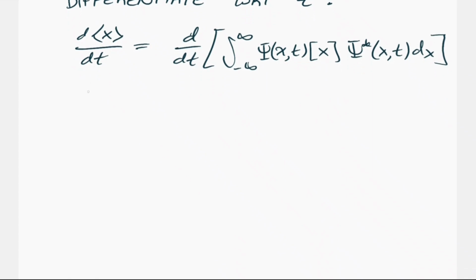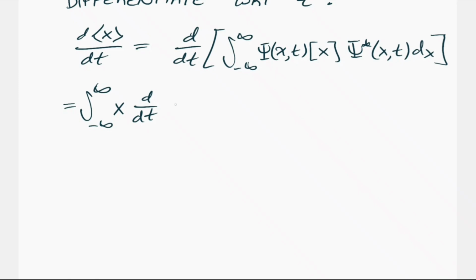All right, well, what we can write instead is that this is going to be equal to the integral from negative infinity to infinity of x, and then the only things with t in them are those wave functions.